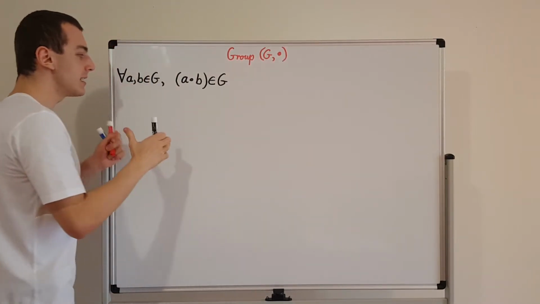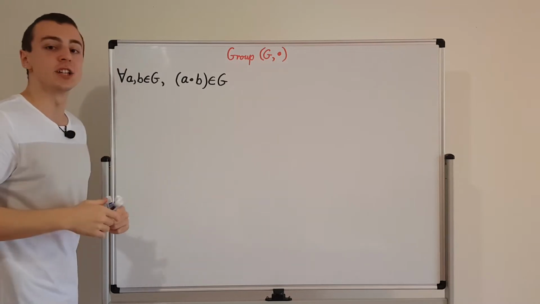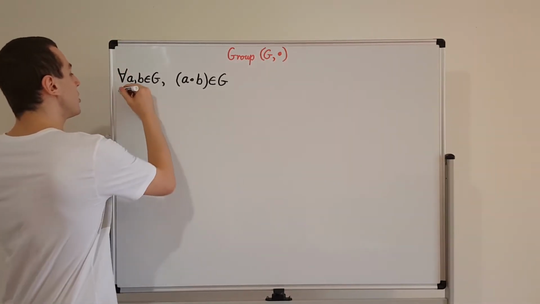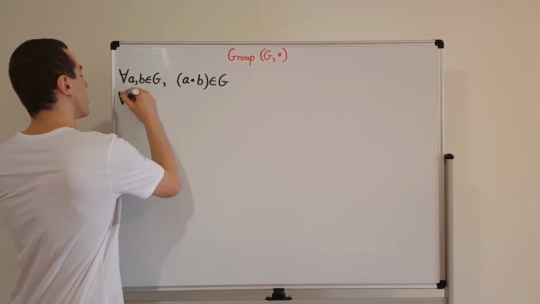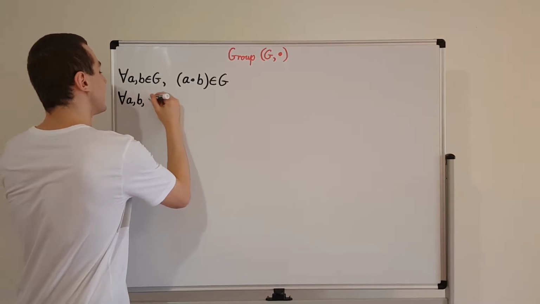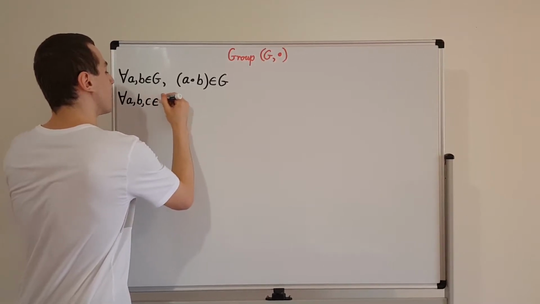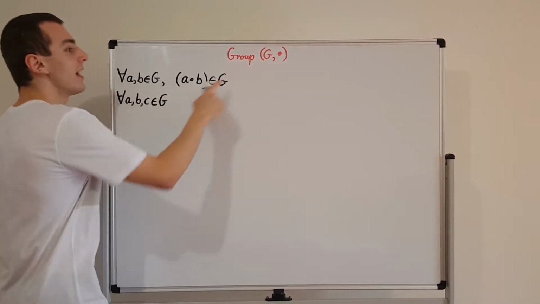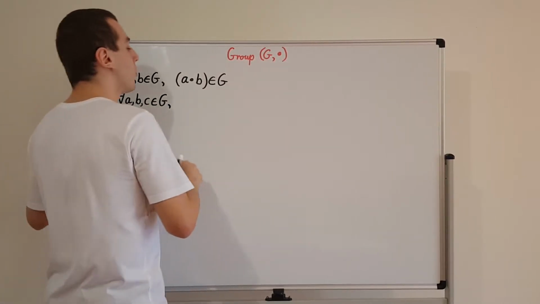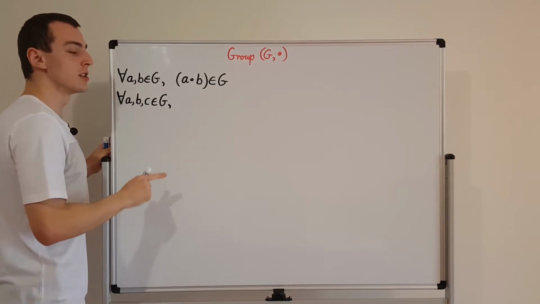Now, one of the axioms that is usually stated first is associativity. So I'm going to write associativity down next. Again, I'm going to use this for all symbol. So for all A's, B's, and C's that are elements of this group, they're inside that set, capital G, I'll put another comma over here so it's easier to read, I want the following associative property to hold.